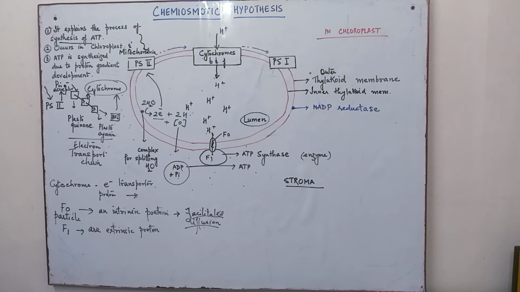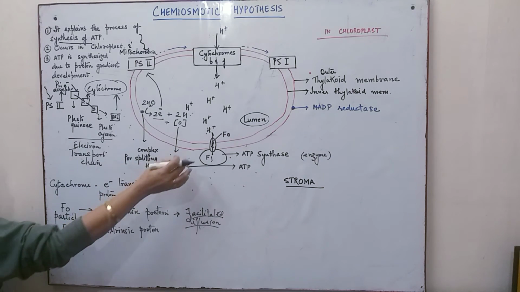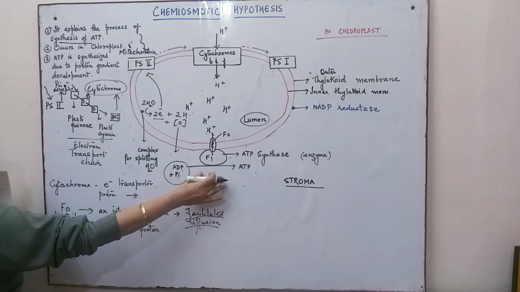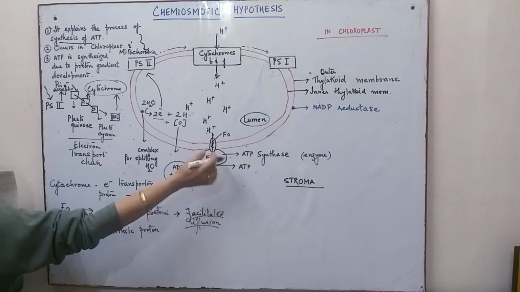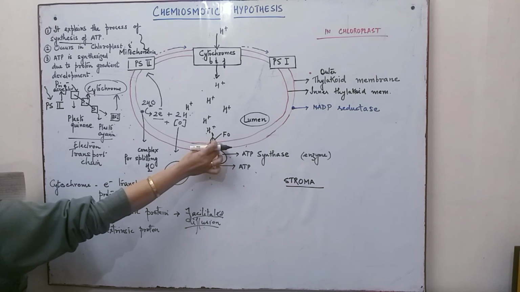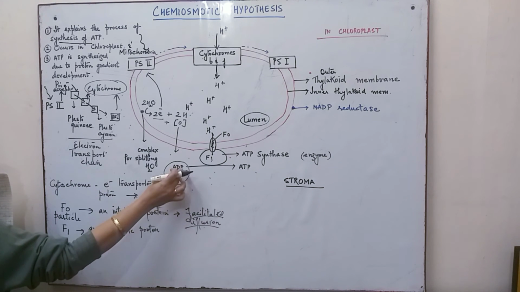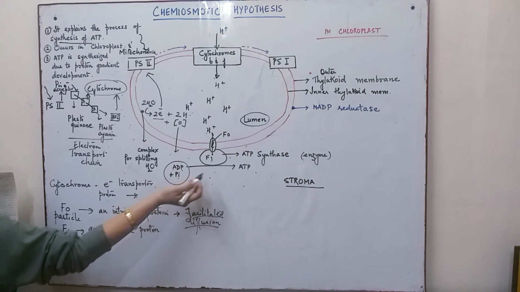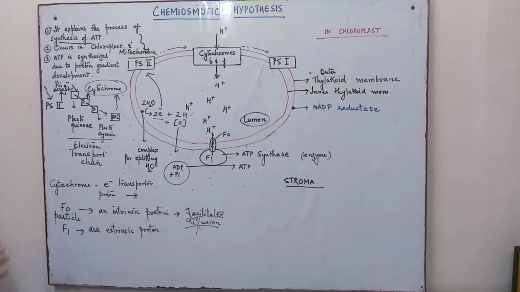Now, this ATP is therefore the result of the movement of the proton from the lumen to the stroma, and while coming, it releases energy, and this energy helps in combining ADP and inorganic phosphate into ATP, and the protons then come back to the stroma. So this results in the formation of ATP.